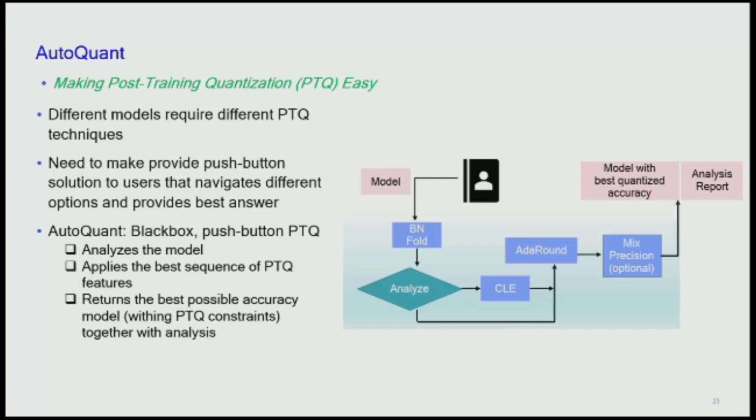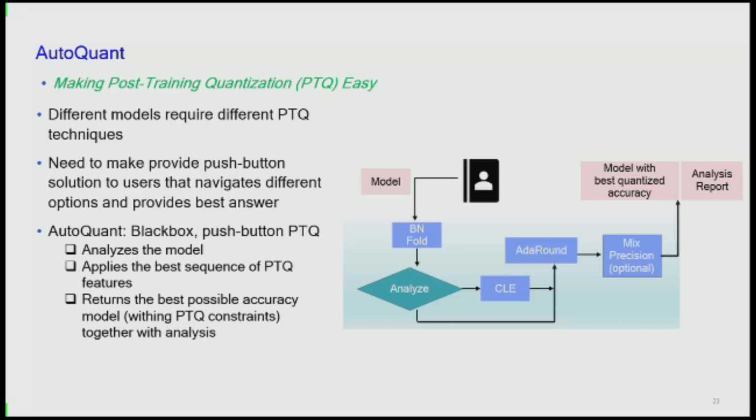They only need to provide these two, and AutoQuant will automatically find the best quantization solution for you. The output of AutoQuant is an analysis report telling you what kind of operation is more sensitive to quantization in your network. And we also provide the best quantized network for them.